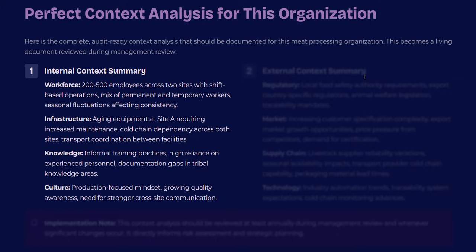Knowledge: informal training practices, high reliance on experienced personnel, and a documentation gap in tribal knowledge. Culture: production focused mindset, growing quality awareness, need for strong cross-site communication.